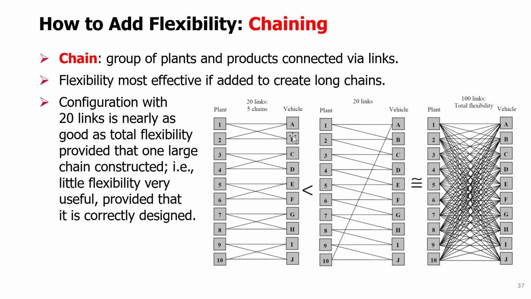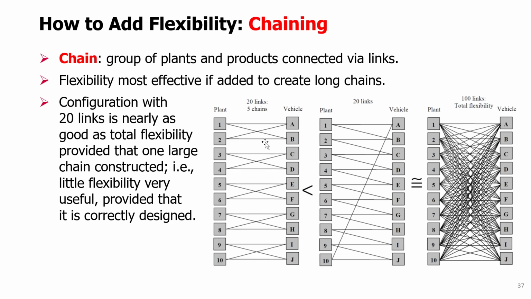In the chaining effect, we can shift the capacities of plants 1 and 2 to produce for demands C and D, because there is this connection from 2 to C, which is missing in this example.